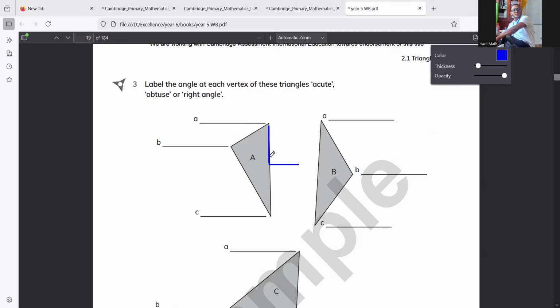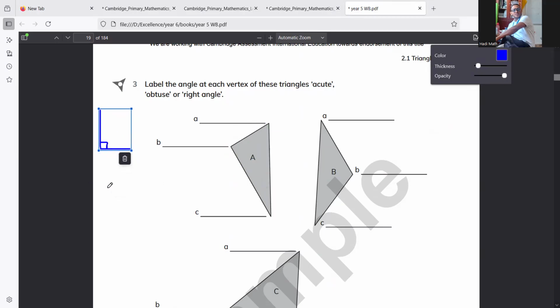If you can draw a small square here, when you make this one like that, we call it a right angle. This is a right angle.